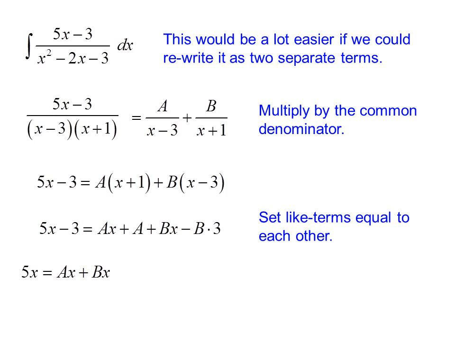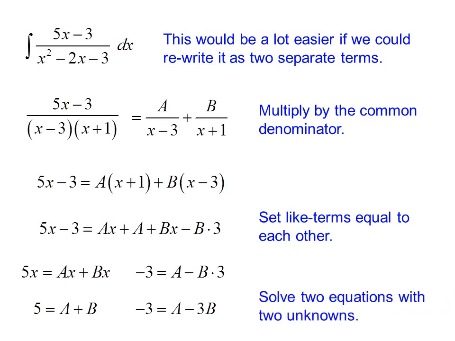So if we collect the x terms, we've got 5x equals ax plus bx. And the non-x terms give us negative 3 equals a minus b times 3. We can divide out the x's on the left-hand equation and rearrange the right-hand equation slightly.